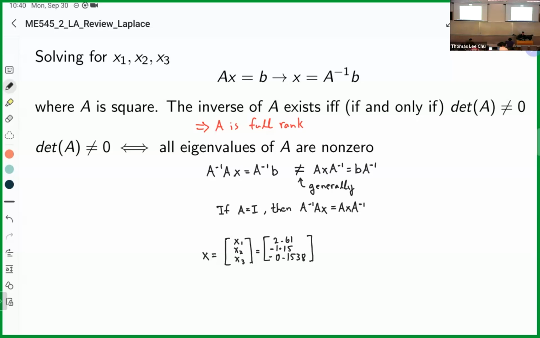Any questions? Yeah. No, I don't. You can use any calculator. It gets a little, I want to say, dicey. Yeah, you can use any calculator.